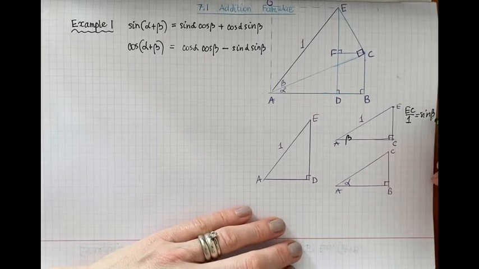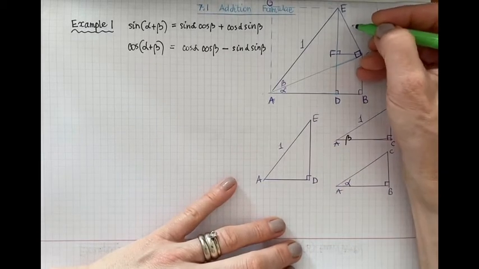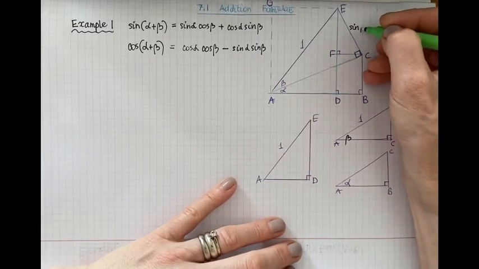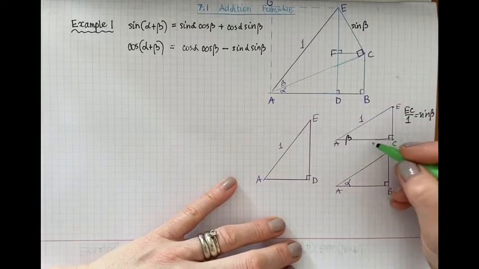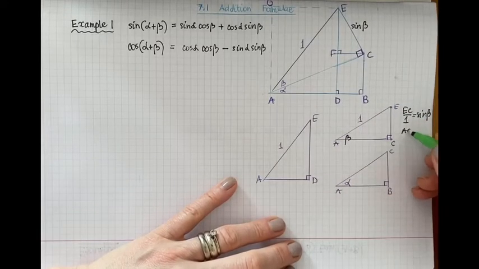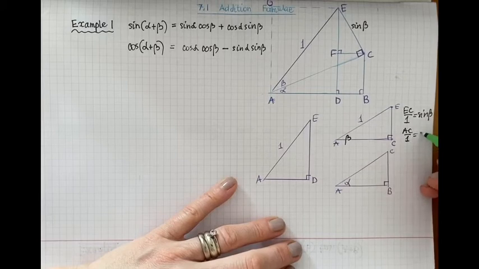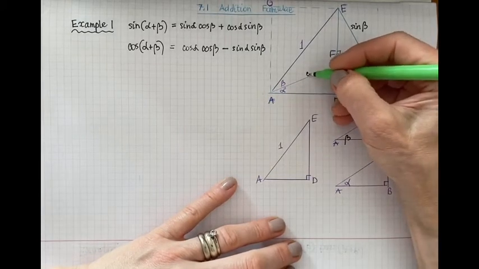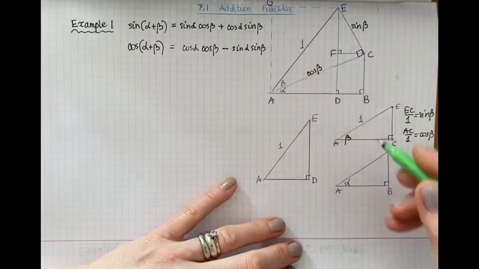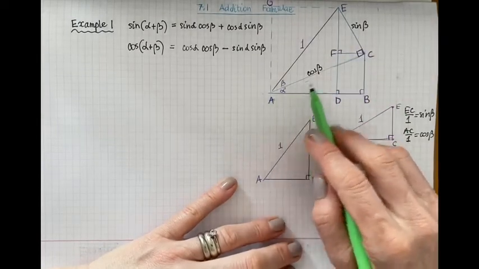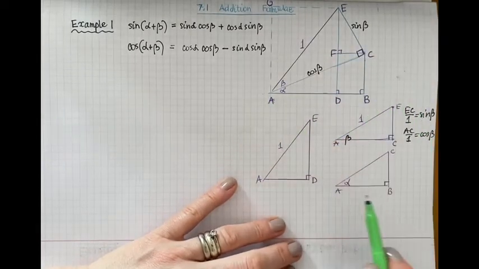So EC is equal to sine beta. I'm going to put that sine beta over here. And then doing the same, AC over 1 is equal to cos beta, so AC is equal to cos beta. Then I've extracted the triangle ABC over here.